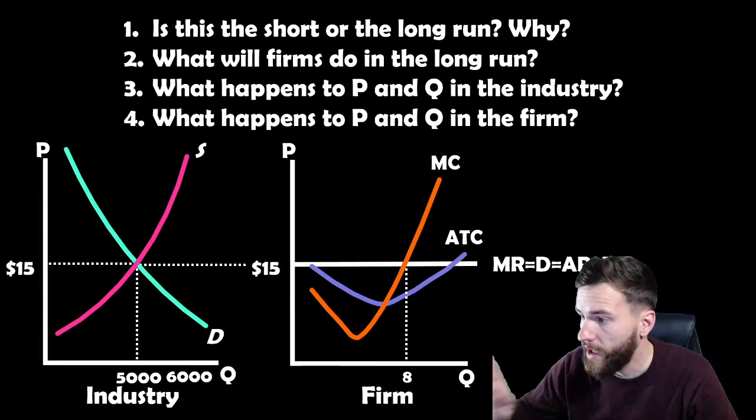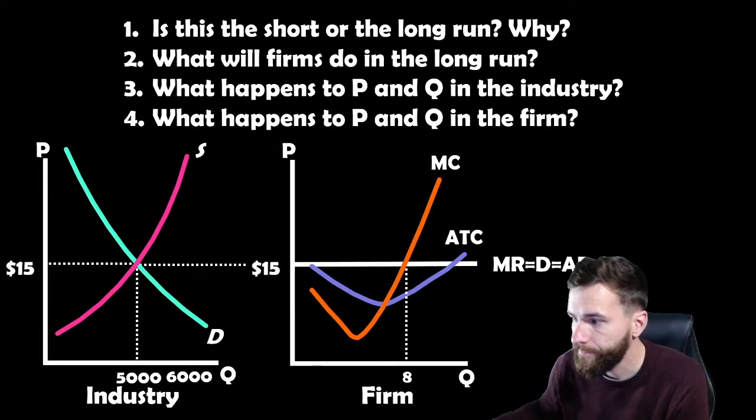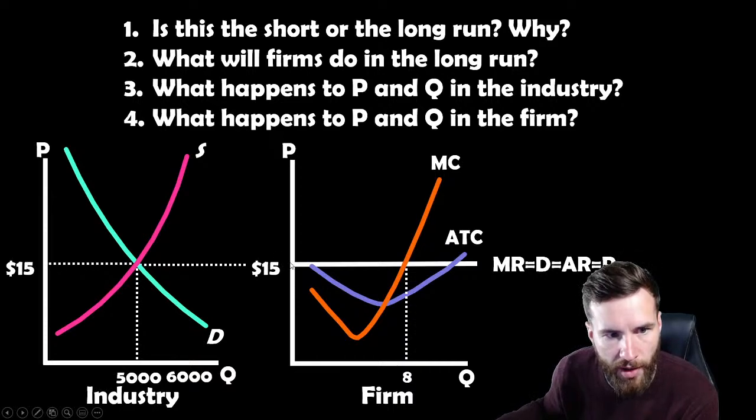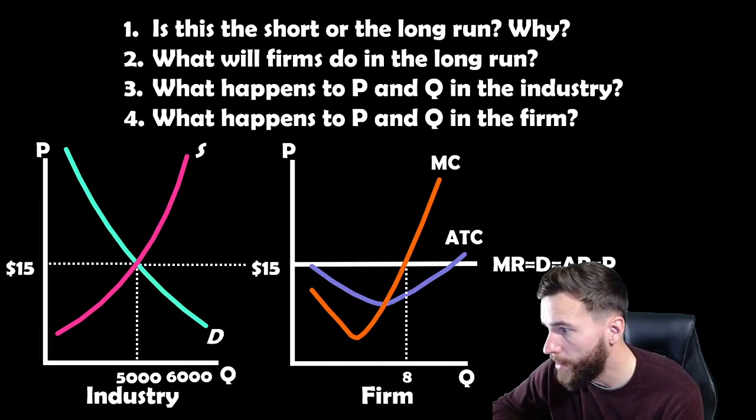Yes, you have to draw the industry. So it's just supply and demand, and you mark this PE and this QE, and you draw this line going across and write MR equals D equals AR equals P at the end of it.